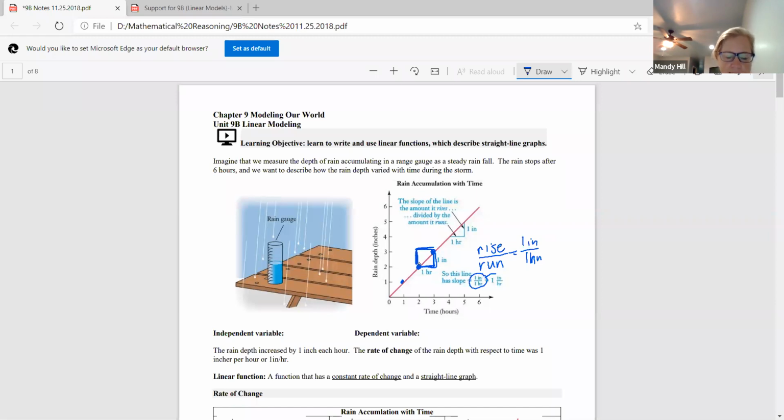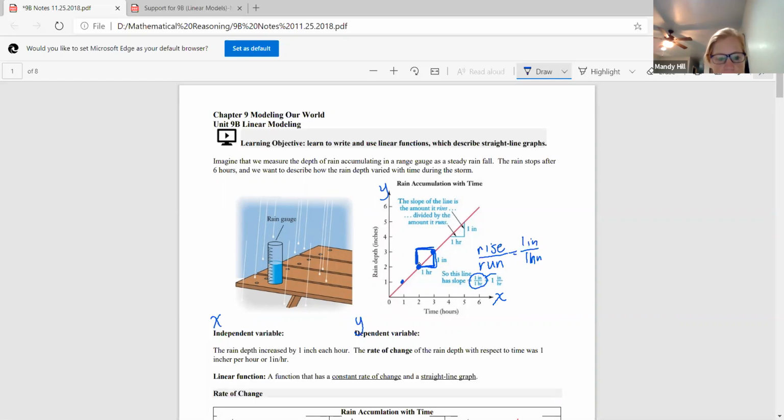Remember, in the last section, we talked about the independent variable always being your x and the dependent variable always being your y. If you have a graph already there, it's easy to tell which is which, because this is your x-axis and this is your y-axis.